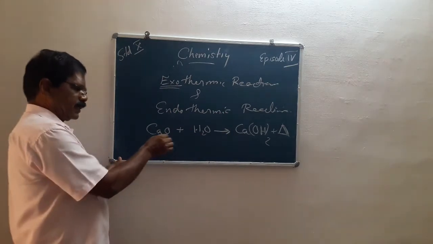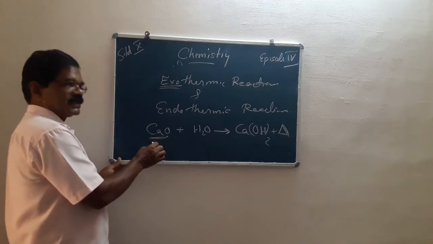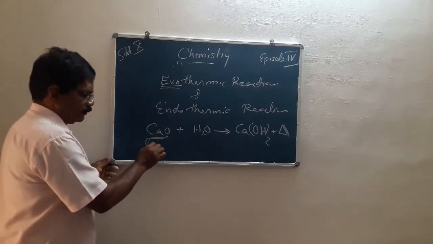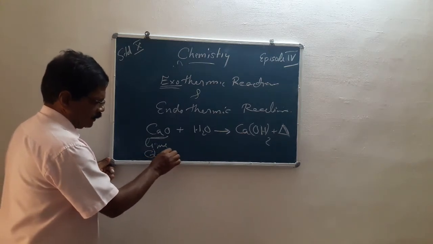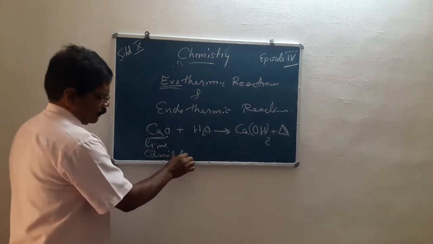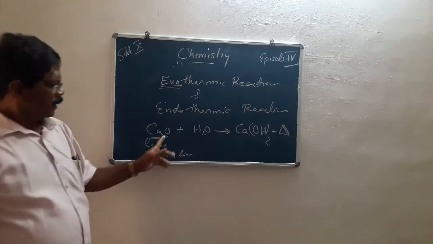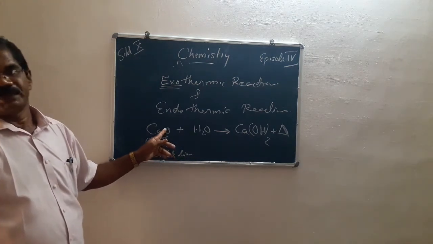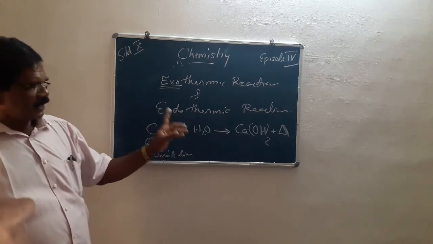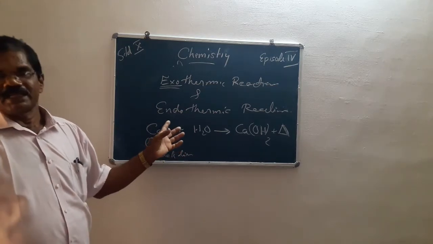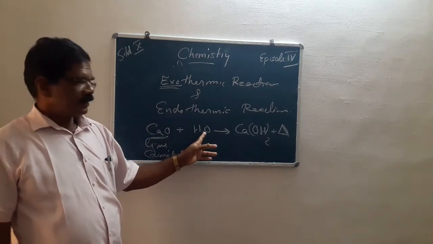Calcium oxide, its industrial name is lime or quicklime. It is used for the production of cement. We have already seen this activity. Some calcium oxide is taken in a beaker and some water is added.